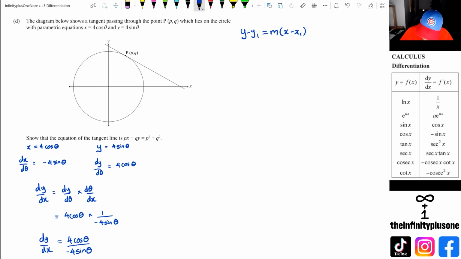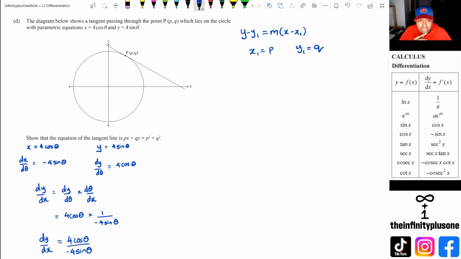So x1 is equal to p, y1 is equal to q, because those are the 2 points that we actually have. Now we need the gradient itself. But the problem is that we have dy dx in theta, and we don't actually have a theta here, and that's a bit of a pain.